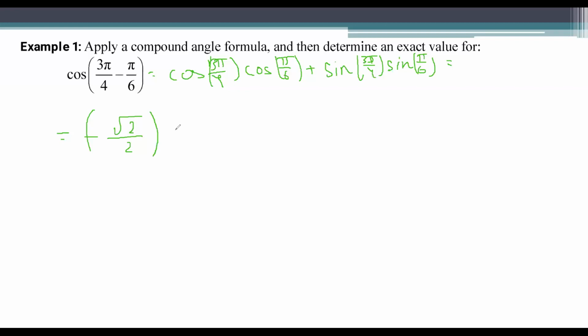Cosine of pi over 6 is square root of 3 over 2, plus sine of 3 pi over 4 is going to be, in 45 degrees, and it's positive, so square root of 2 over 2 times sine pi over 6.